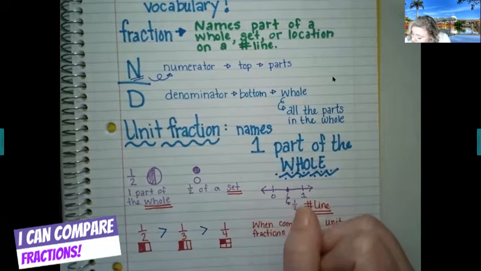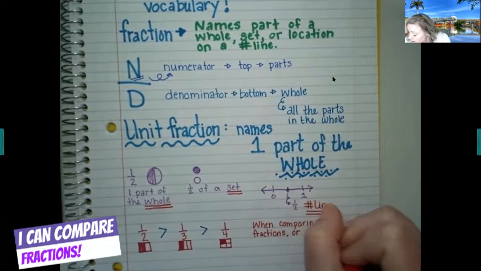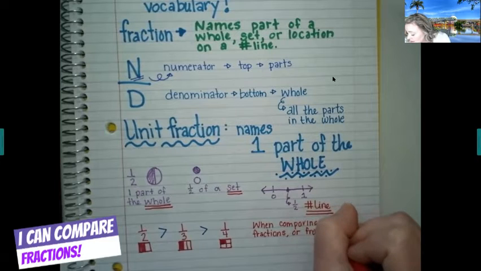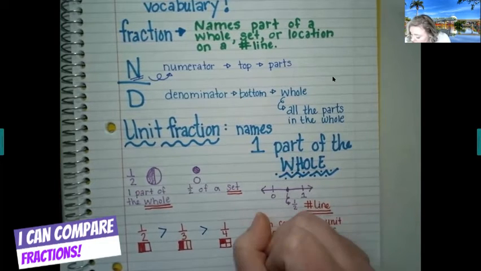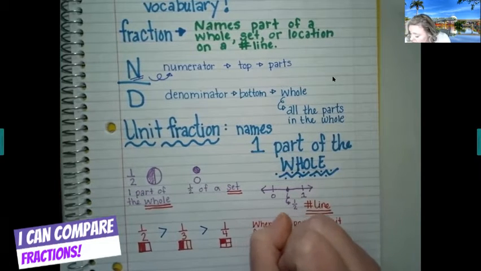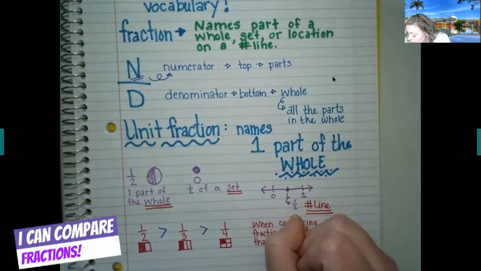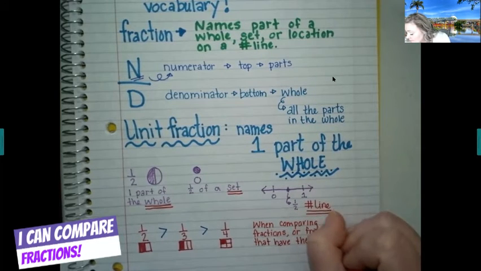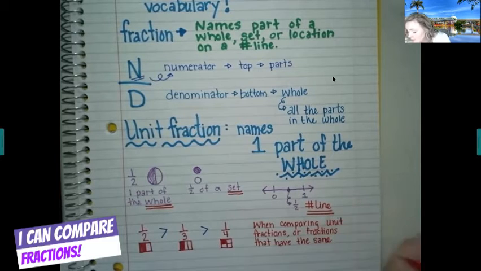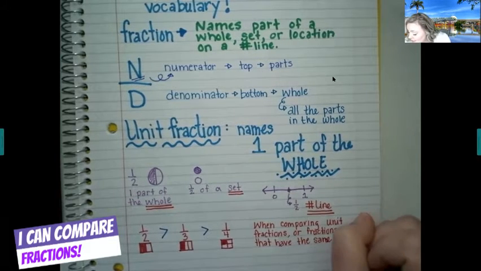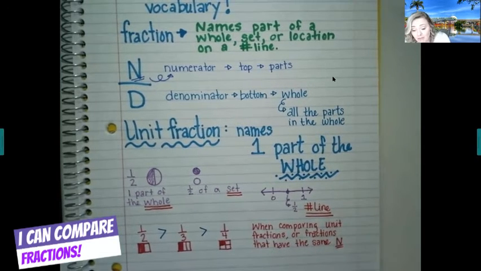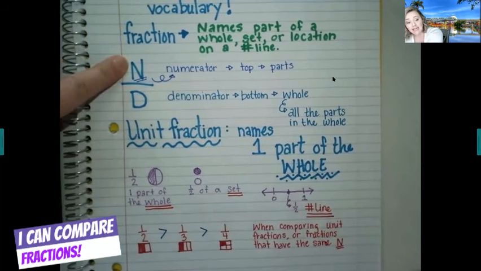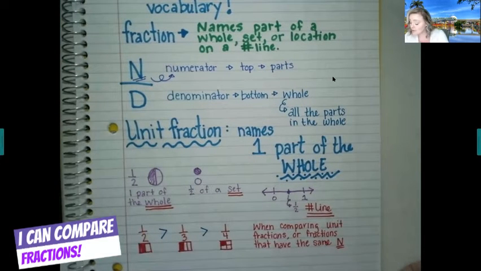Unit fractions or fractions that have the same numerator. I'm just going to use a capital letter N for numerator. We know that's what this means, right? Have the same numerator.